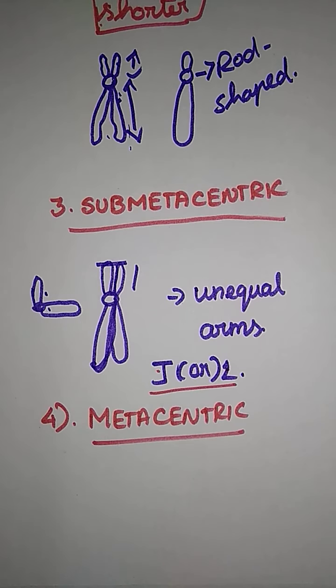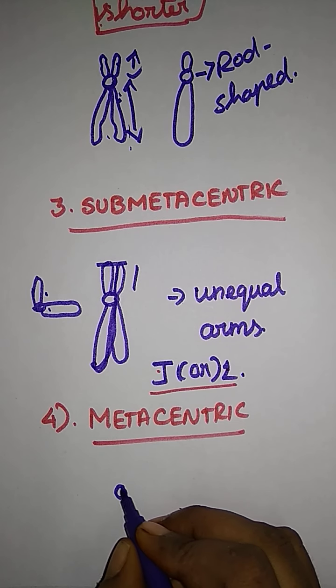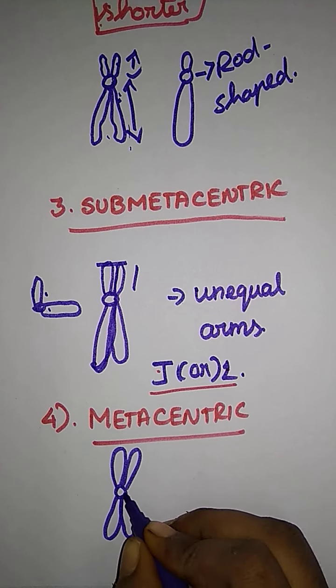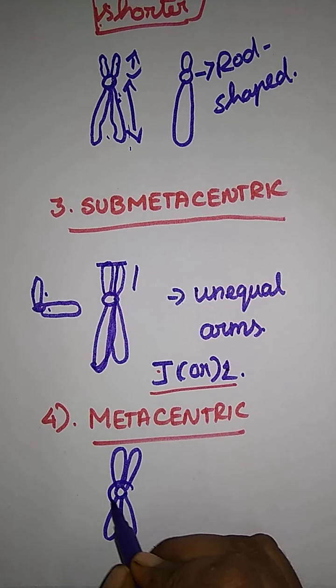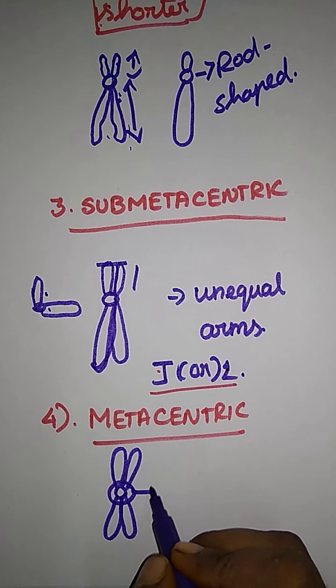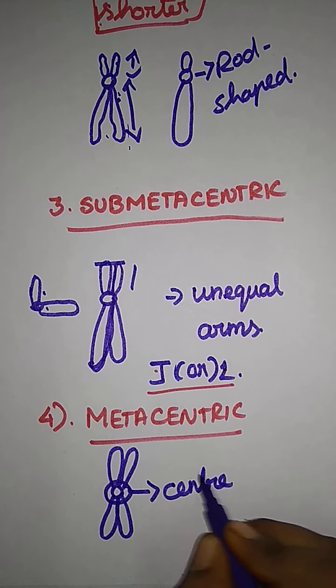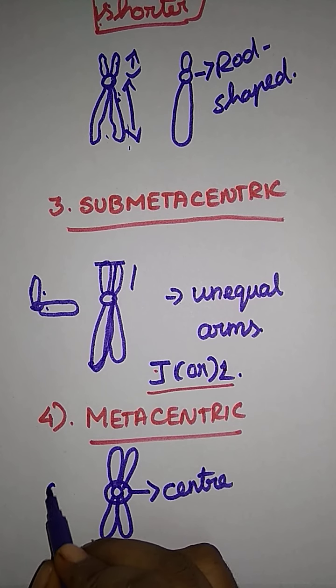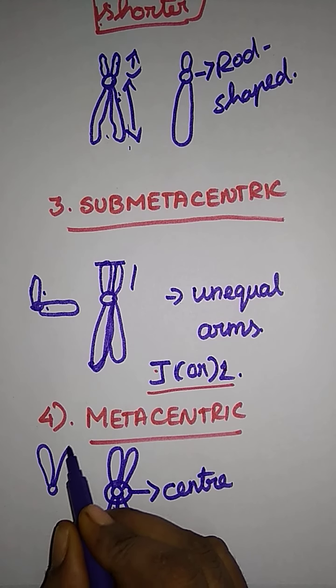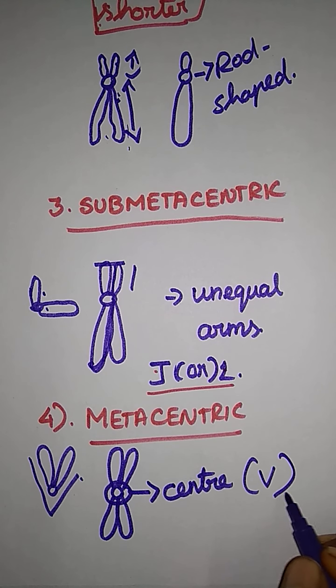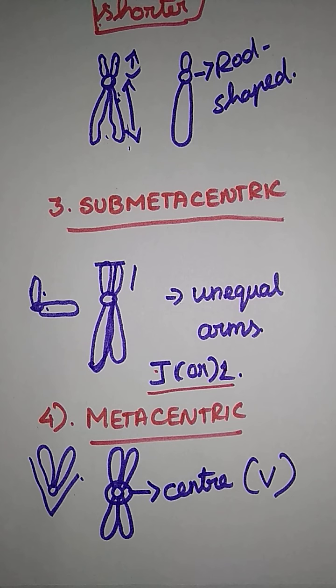Exactly in the center of the chromosome. The centromere is exactly at the center of the chromosome. So this is the V-shaped chromosome. What is the shape of the chromosome? V-shaped chromosome. Okay, so that's it for the types of chromosome based on the position.